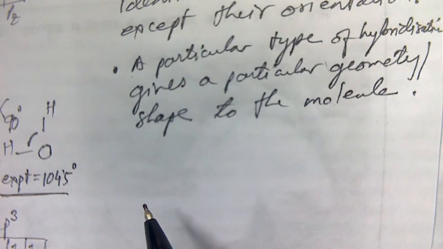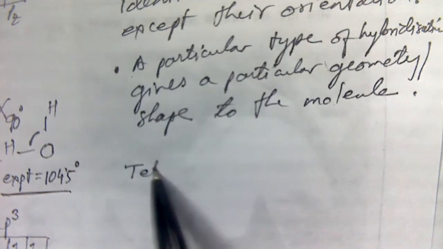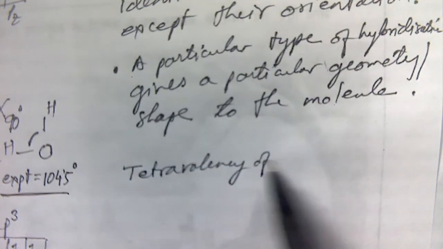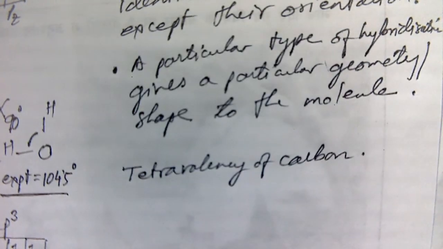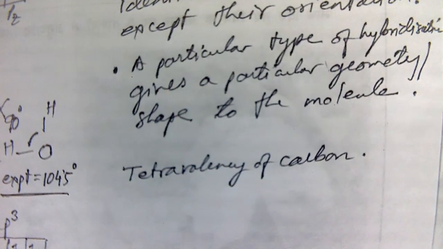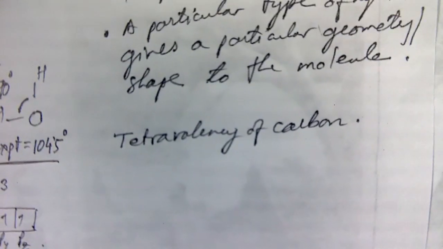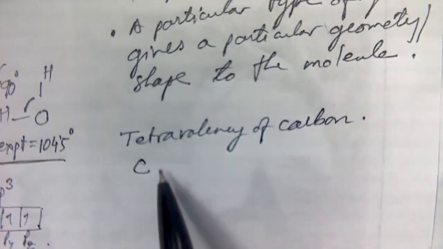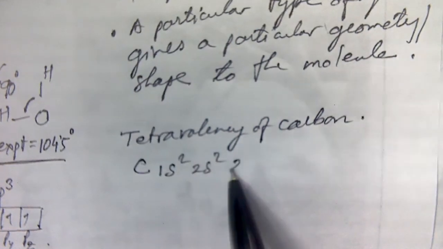Let's take carbon. Just now we said carbon, isn't it? So I can explain the tetravalency of carbon on the basis of hybridization. Look here, carbon is 1s2, 2s2, 2p2.